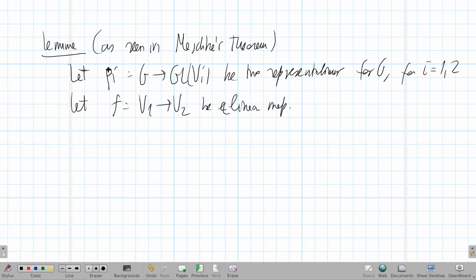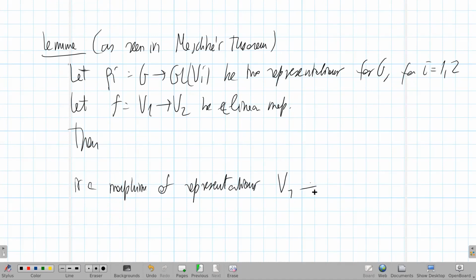But there's a simple trick, the trick in the first proof of Maschke's theorem, that guarantees that you get a morphism of representations. Then the formula to be filled here is a morphism of representations V1 to V2. How do you do it? It is an average, except that you don't need to average. These maps will be called F prime, nothing to do with derivatives.